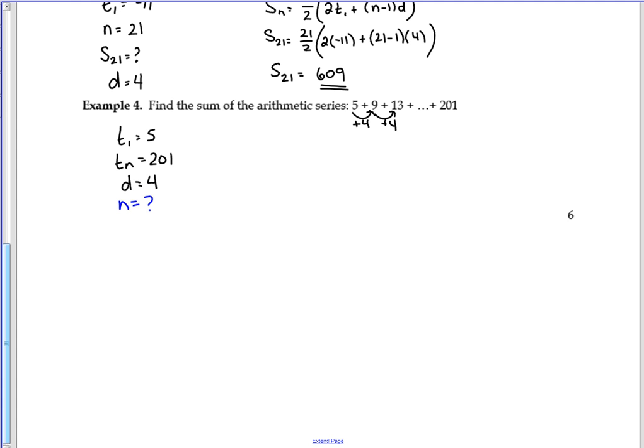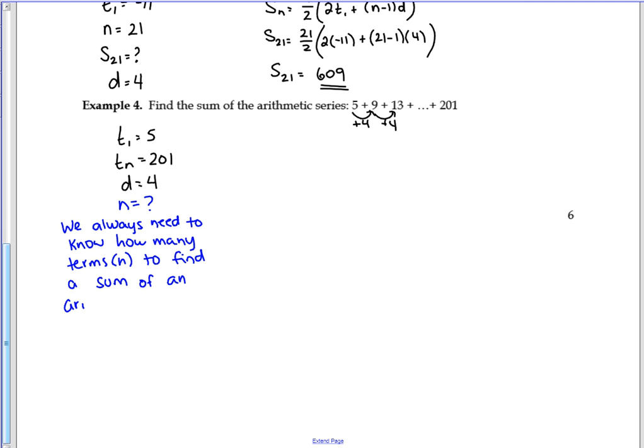We always need to know how many terms, or n, to find a sum of an arithmetic series.